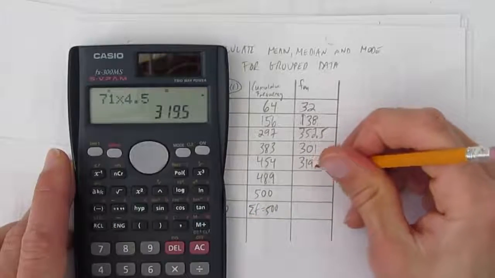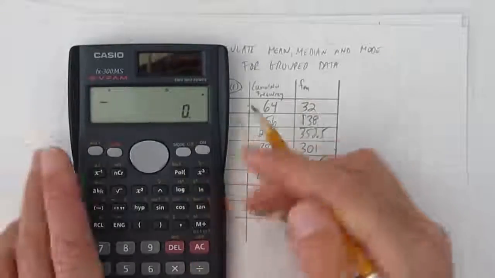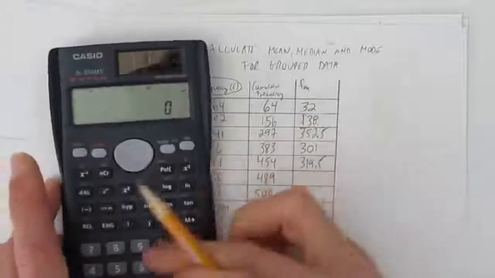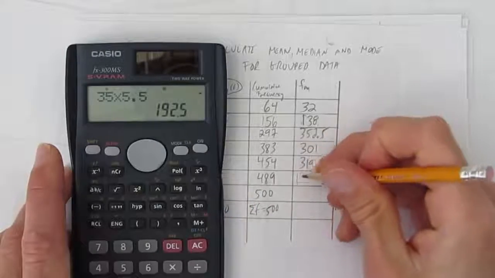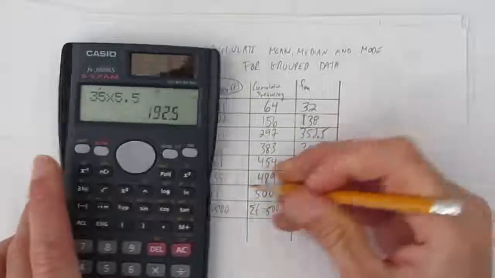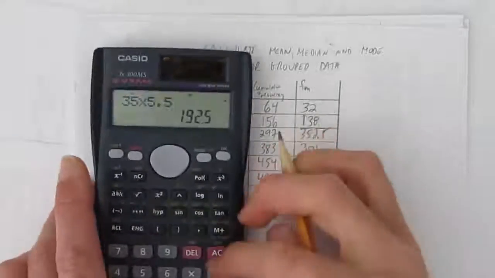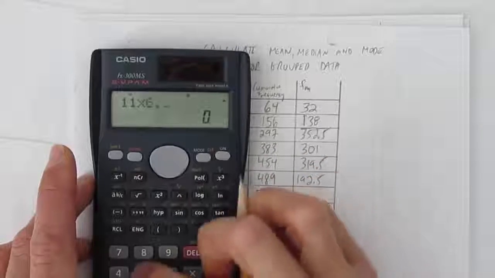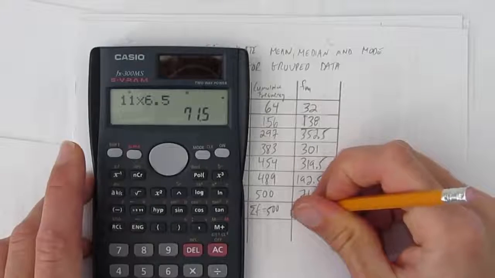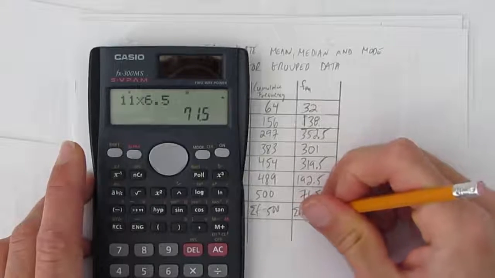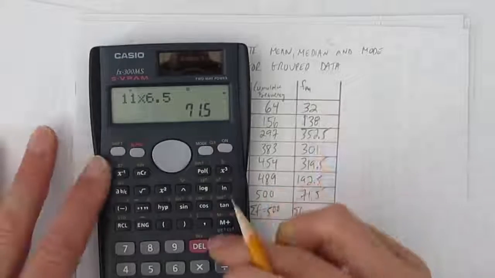That's 319.5. I have 35 of the 5.5s. That's 192.5. And finally, I have 11 6.5s, which is 71.5.